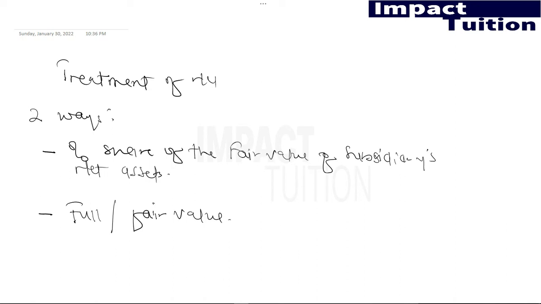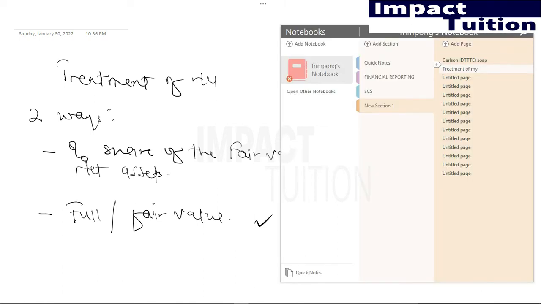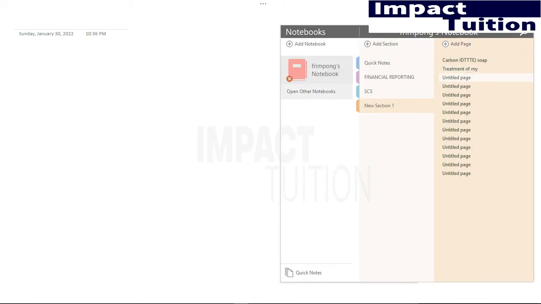So we'll pick an example of each and then see how non-controlling interest will be accounted for in the consolidated statement of financial position. The first example we'll be working on is in a situation where non-controlling interest is valued as a proportionate share of the subsidiary's net assets.